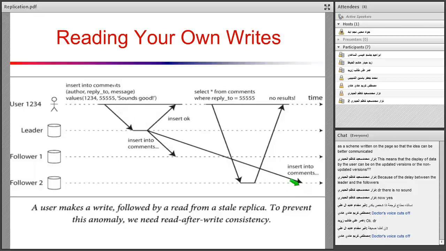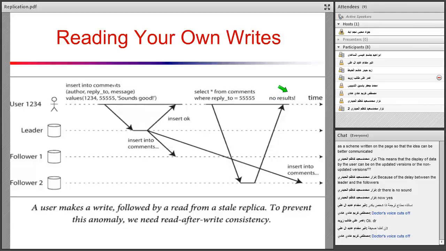Again in this figure it is clear that the latest information is received by follower 2 after this read query.